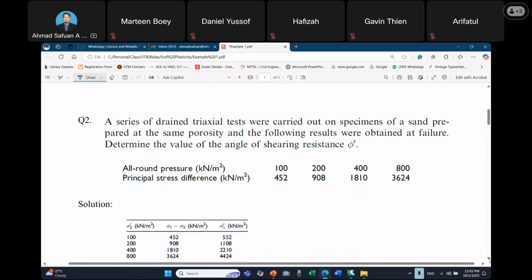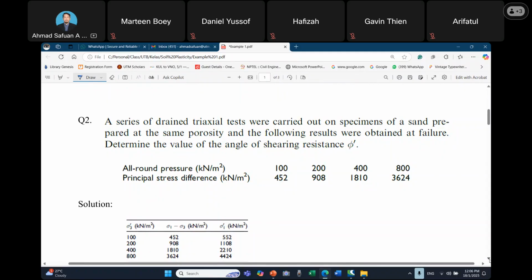Now we go on to Q2. A series of drained triaxial tests were carried out on specimens of a sand prepared at the same porosity, and the following results were obtained at failure.